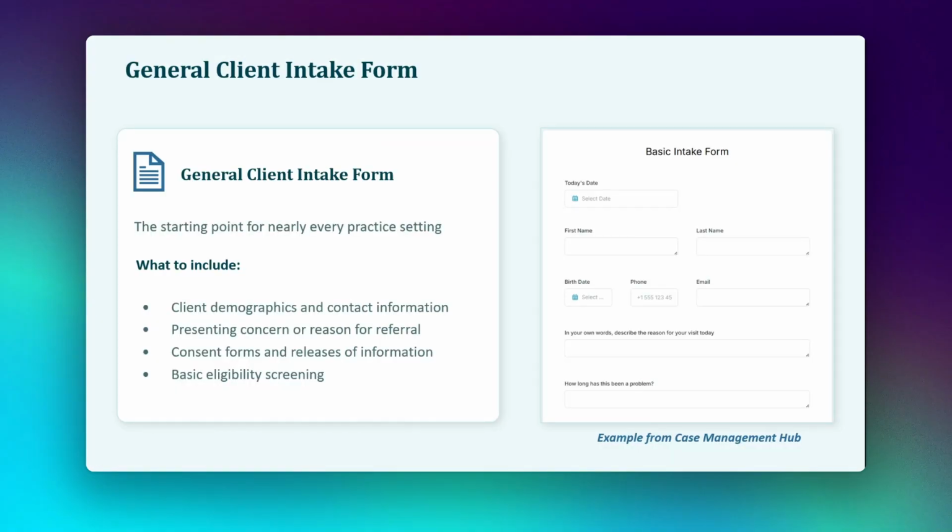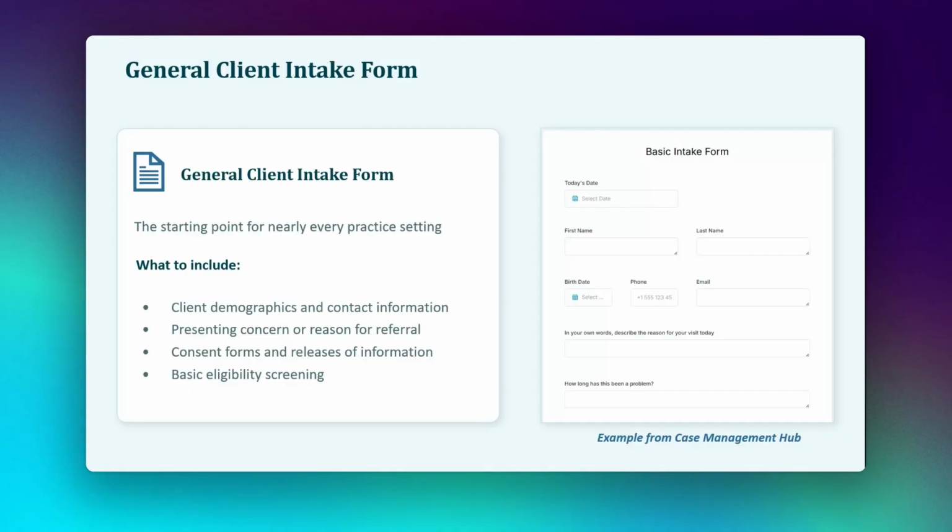Okay, so let's get into the actual social work form types. The first is the general client intake form. You may also just call this your intake form. This is the foundational document used in virtually every social work and case management setting, from nonprofits to schools to private practice to government agencies.